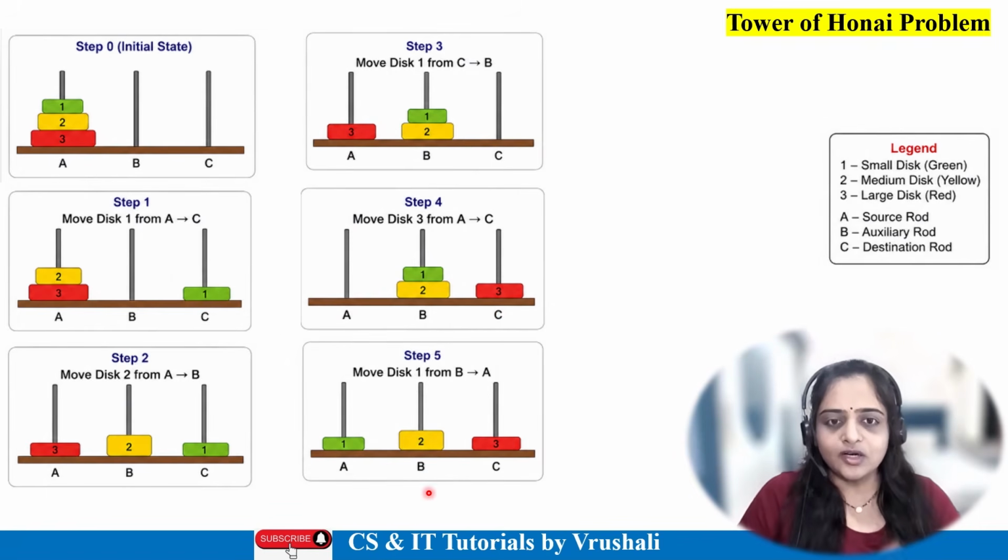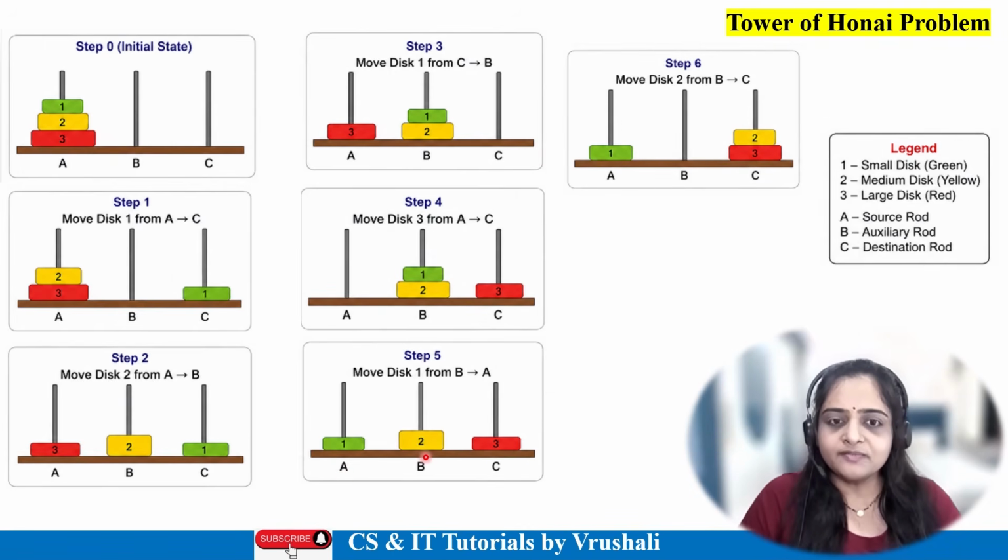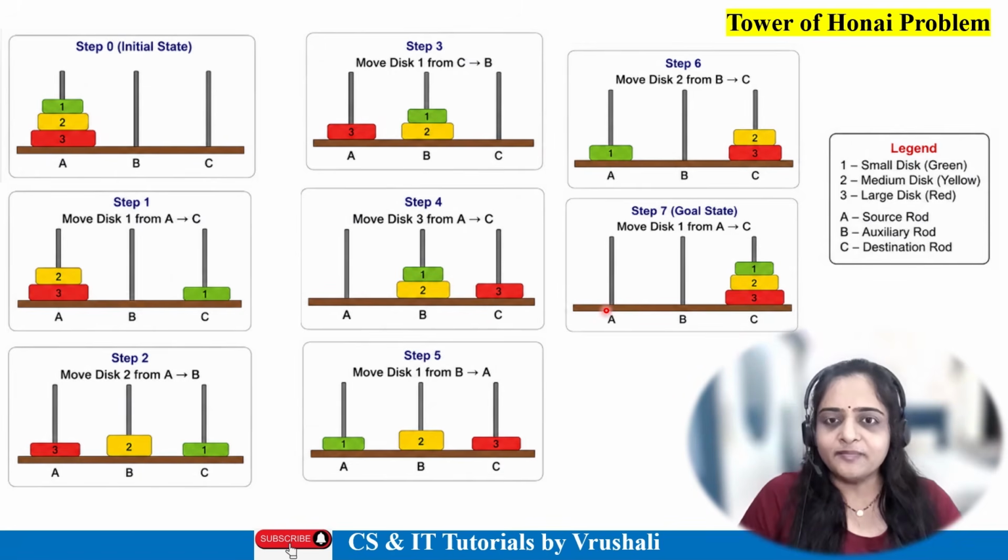Now, next after disk 3, there is disk number 2. You need to pick up only one disk at a time. So pick up disk number 1 and put it into rod A. Then pick up disk number 2 and move it to rod C. At the end, again pick up the smaller disk and move it to rod C. At the end they follow the same sequence: smaller, medium and large.